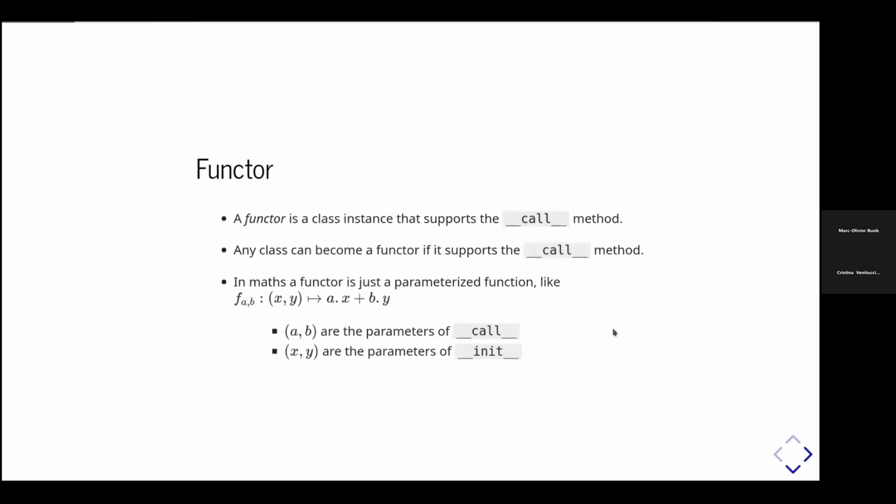In math, it is written like this: you have the function f_ab that takes as parameters x and y, but it is parameterized according to a and b. In Python, a functor enables this kind of writing. Basically, a and b are the parameters of init, and x and y are the parameters of call. Sorry, it's swapped on the slide.